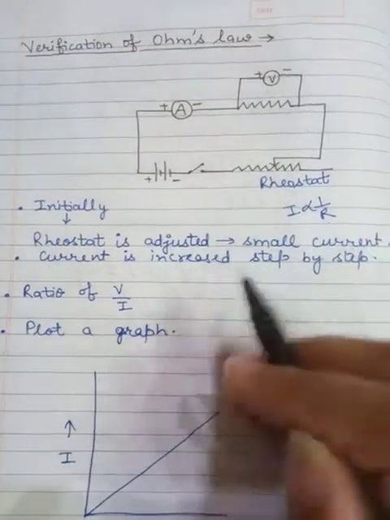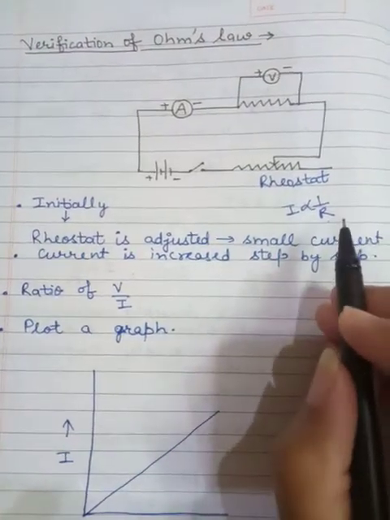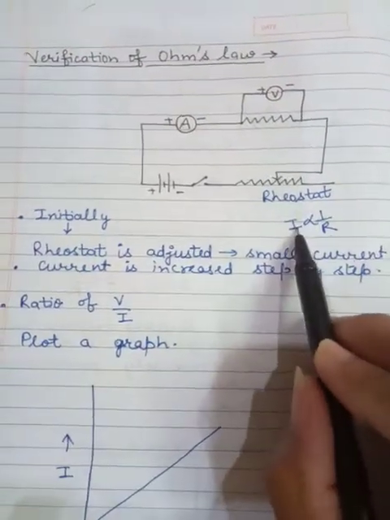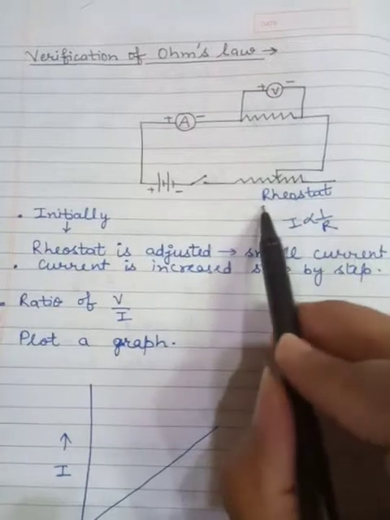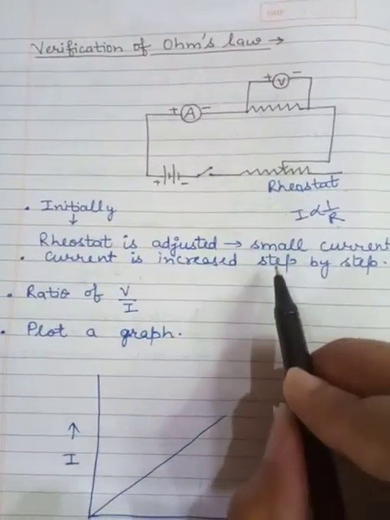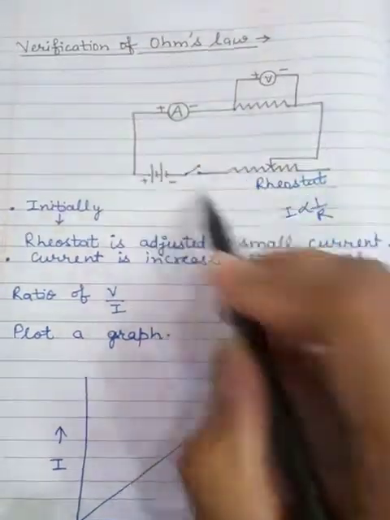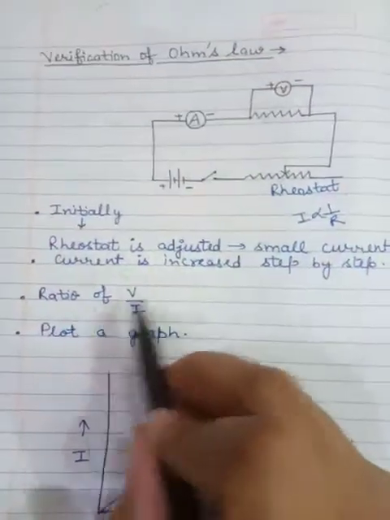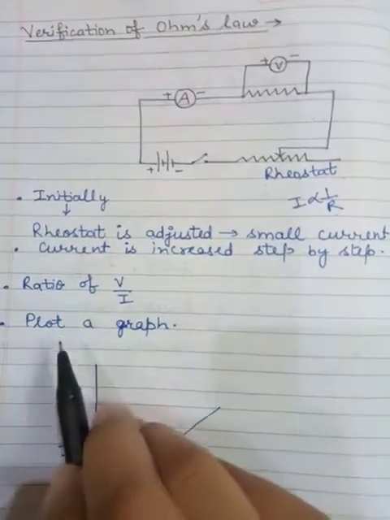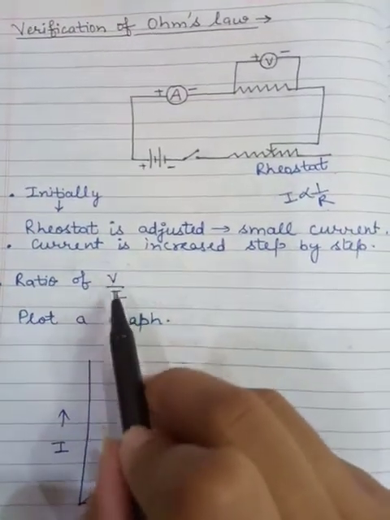We will take at least 4 or 5 readings by increasing the current. And how can we increase the current? By decreasing the resistance with the help of the rheostat. So we will get around 4 or 5 readings, and we will take the ratio of V and I.